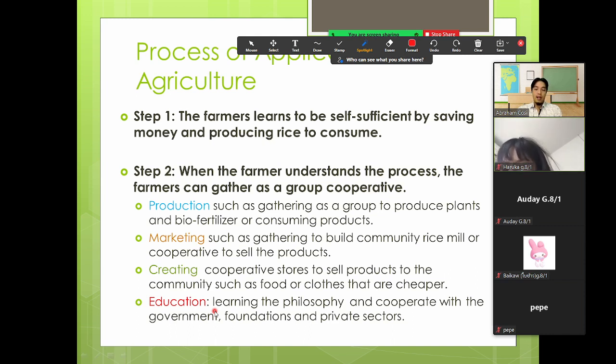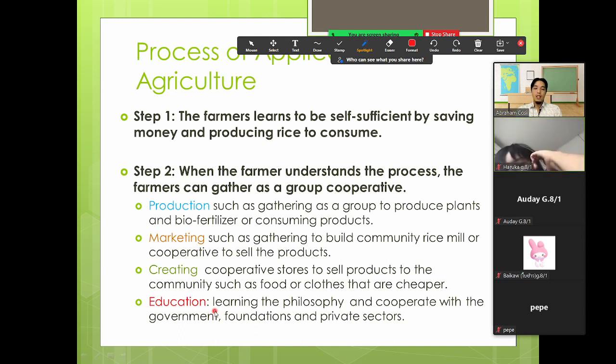They will cooperate with the government, some foundations and other private sectors which can help their production. Like what I've said earlier, the BAAC, the Bank for Agriculture and Agricultural Cooperatives.